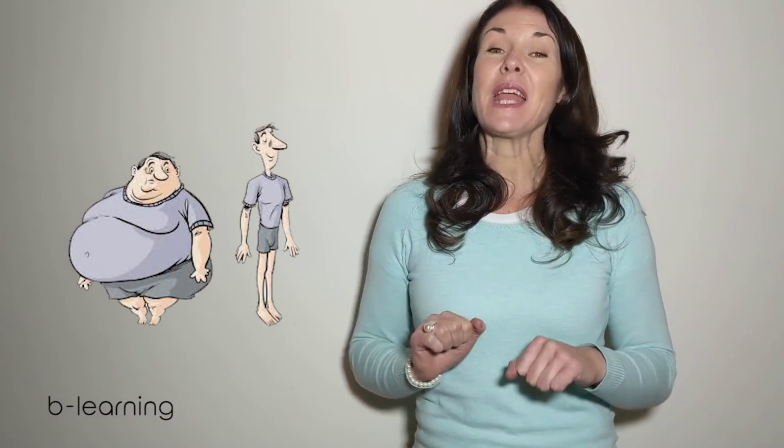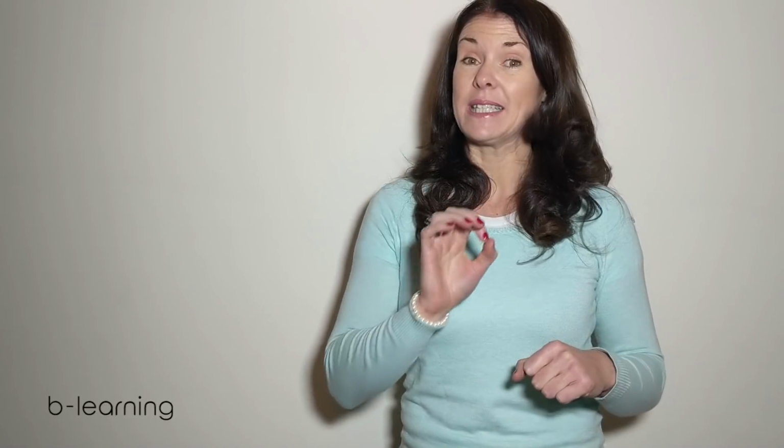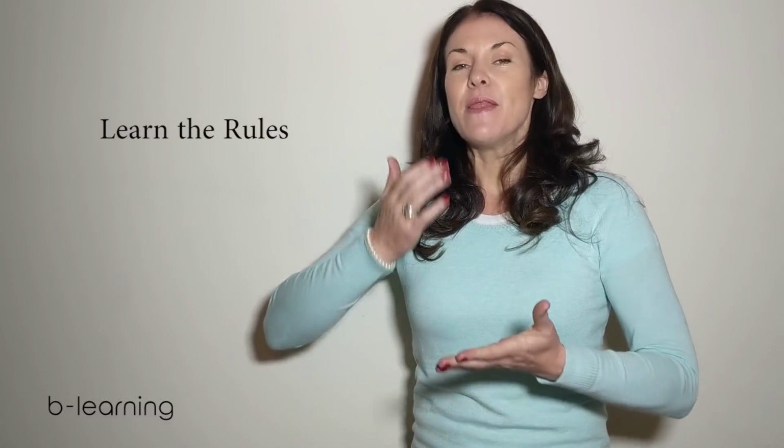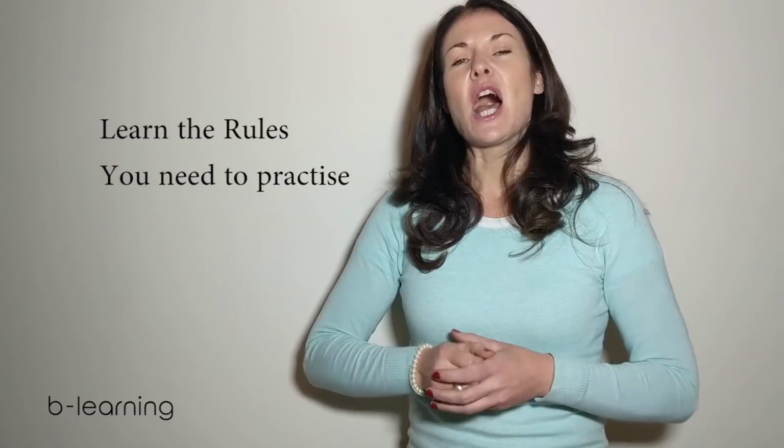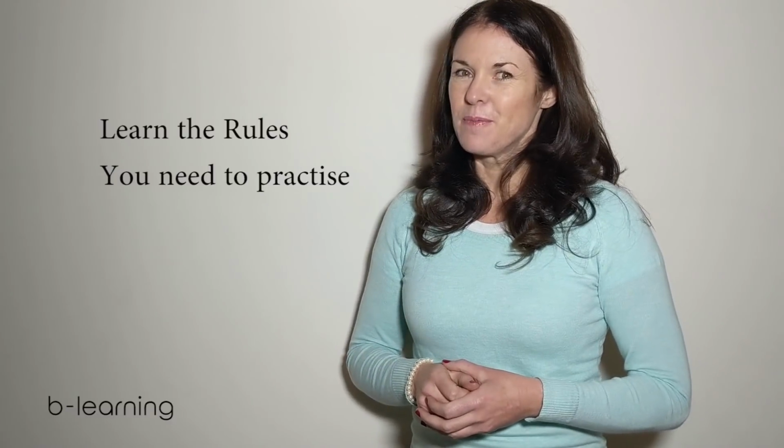But unless you keep going and make an effort, you don't get results. You don't get that amazing body. And the pronunciation of the past tense is a bit like that. We need to learn the rules and then we need to practice. So after the lesson, I'm going to give you some practice.